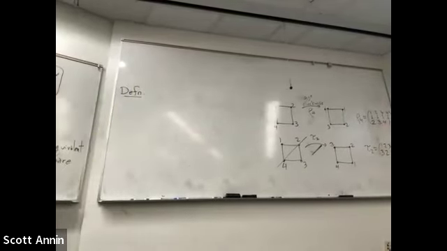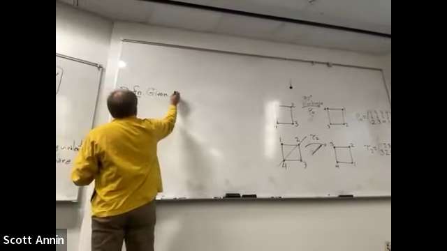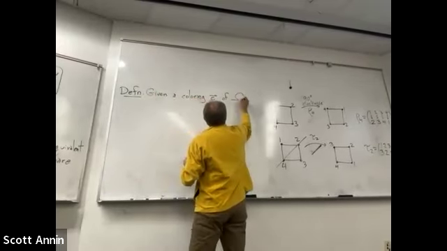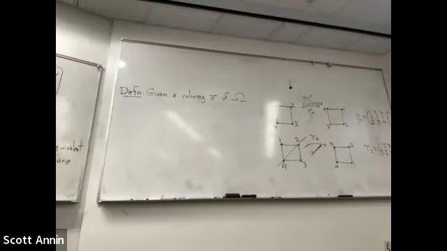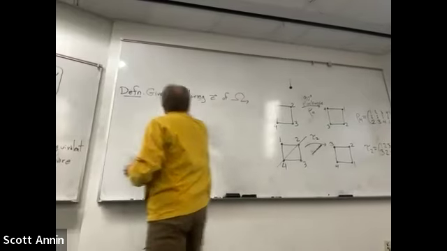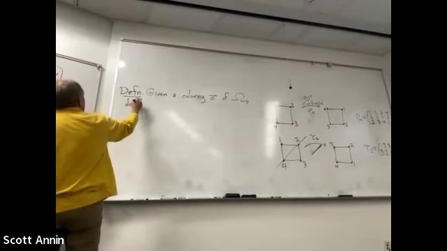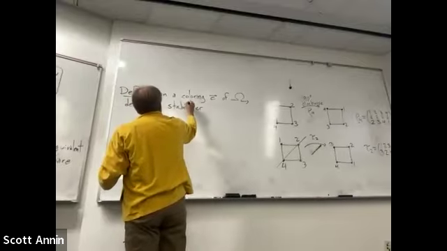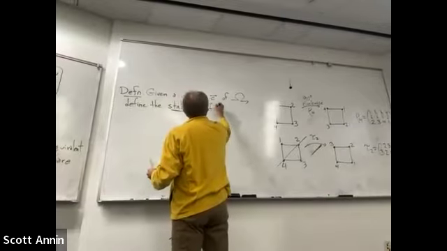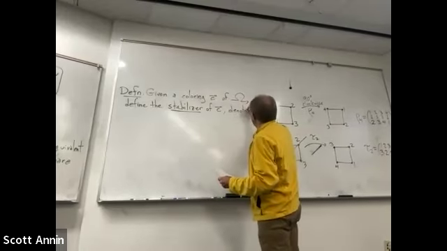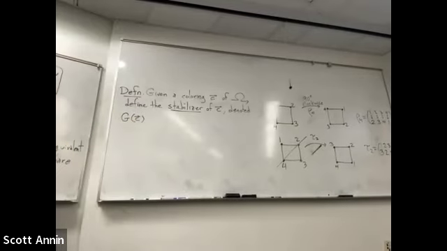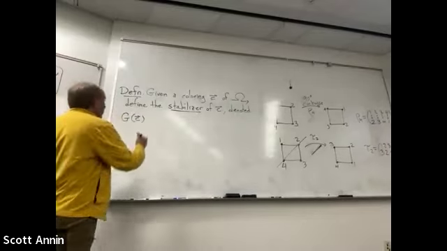Given a coloring C of my figure omega, we are going to define the stabilizer of C. I don't know that this is the world's best notation ever, but I'm going to use it because it's pretty standard: G of C. So this is going to be the stabilizer of this coloring.